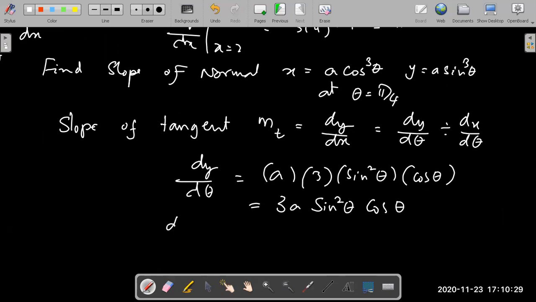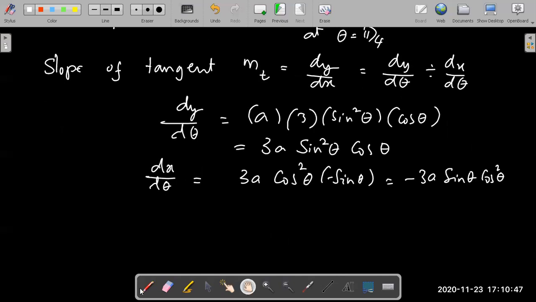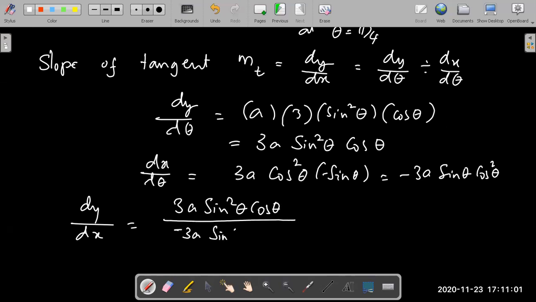Then dx by d theta equals 3a cos square theta into minus sine theta, so minus 3a sine theta cos square theta. So this is what we have. Dy by dx equals this divided by this. Therefore 3a sine square theta cos theta divided by minus 3a sine theta cos square theta.